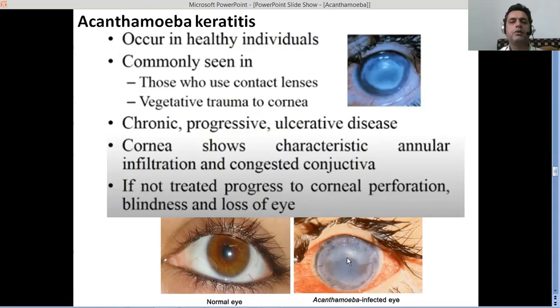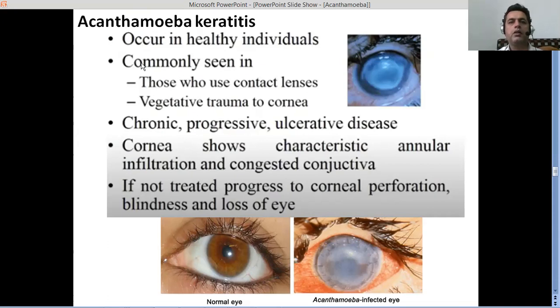There are different treatments, and there are surgical procedures which are used for the treatment of these particular conditions. So in healthy individuals, we are not talking about immunocompromised individuals here. We would talk about immunocompromised individuals in the next lecture. In healthy individuals, it causes this particular condition and inflammation of the eye.